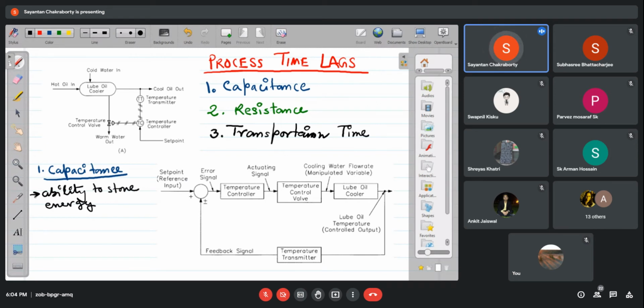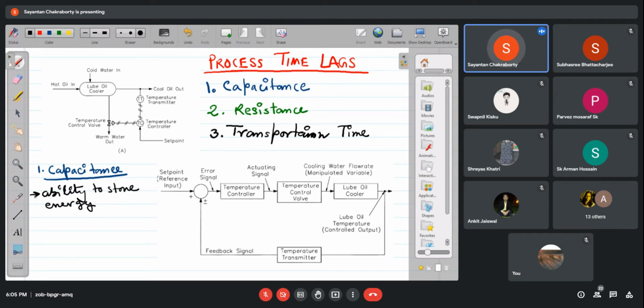Now, if you expect that as soon as you open the valve and the water flow rate increases, the lube oil temperature will change instantaneously, it's not true. Because you cannot take away the heat stored in the lube oil tube wall or the lube oil itself instantaneously. Because it has some capacity, and some time has to elapse before you can take this amount of heat away with this excess cold water, right?